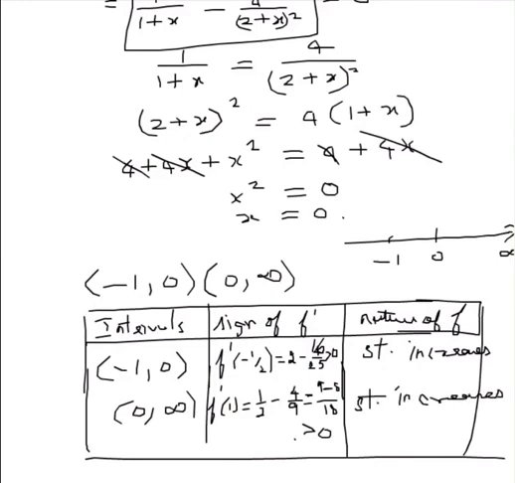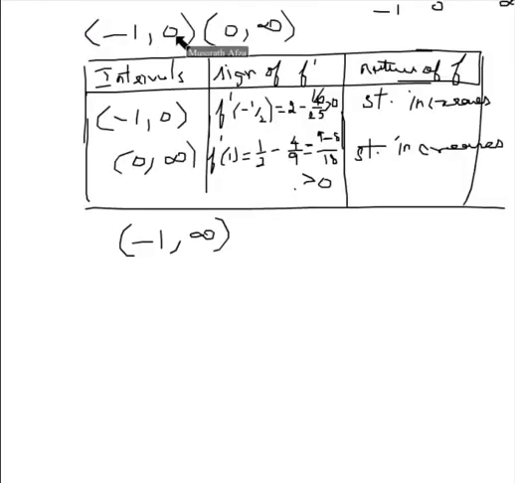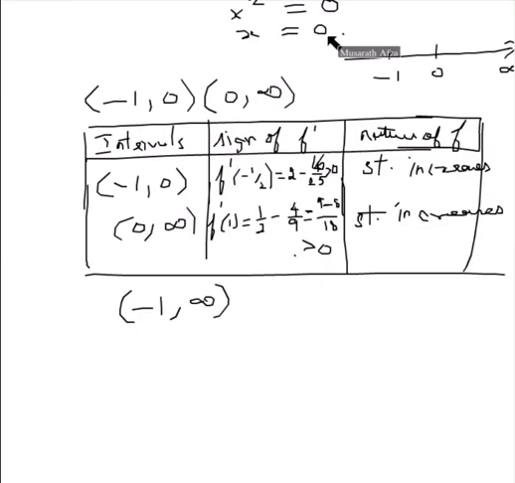Okay, but look at the question, the word strictly is not mentioned. So I can write it as 0 to infinity, minus 1 to infinity. I can combine because in both it is increasing. If I combine, 0 is included, no problem, because at 0, look at that, at 0 f dash is equal to 0.